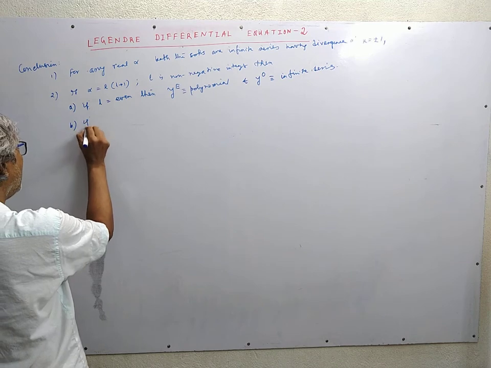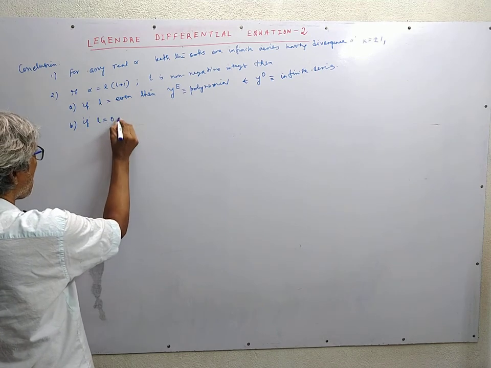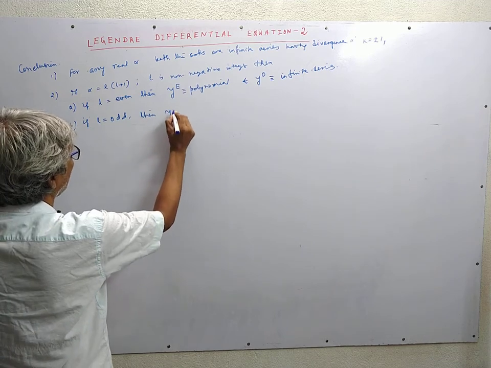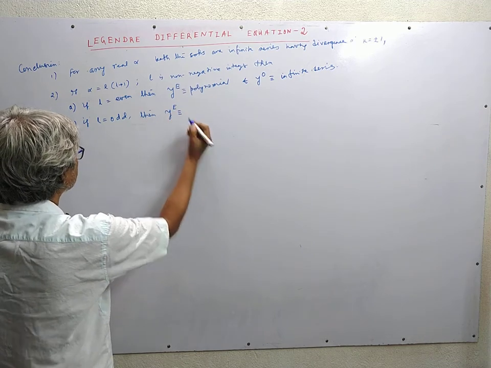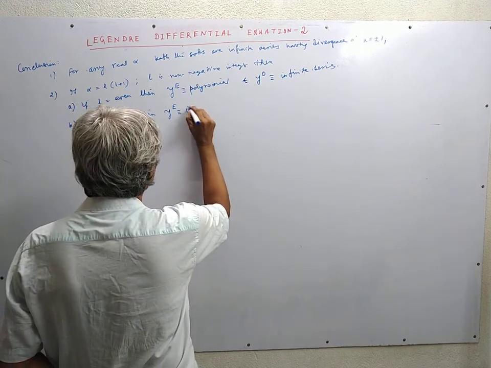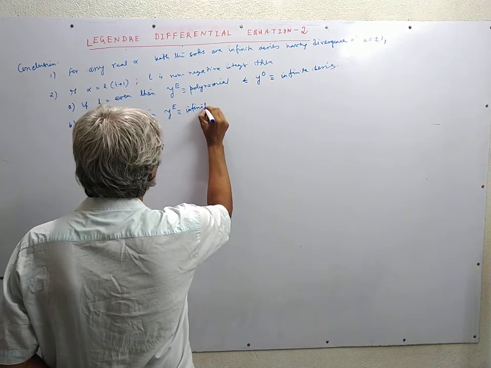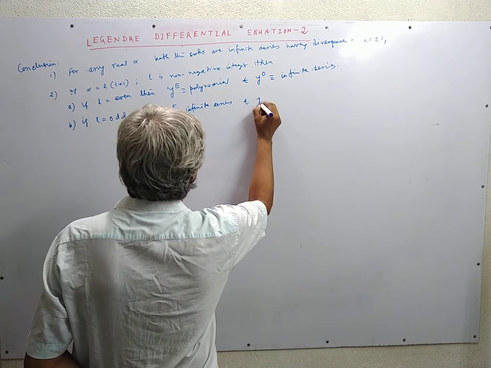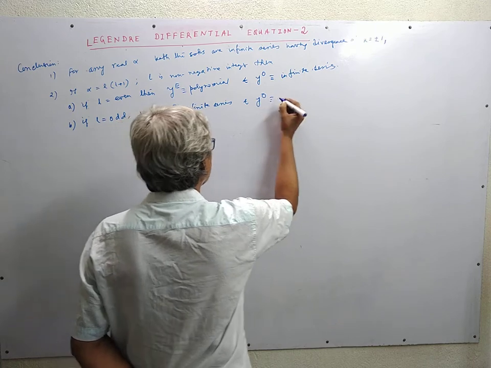If L is odd, then y even is an infinite series, and y odd is a polynomial.